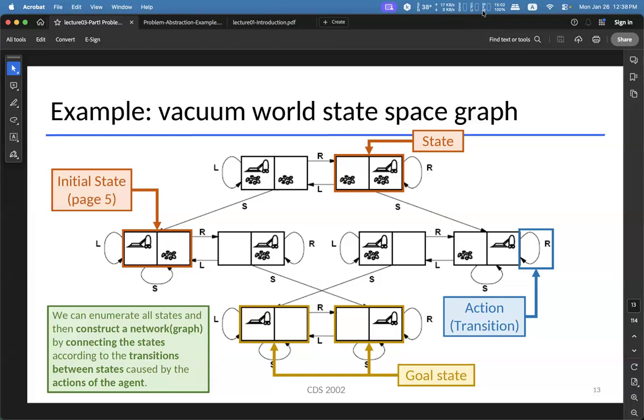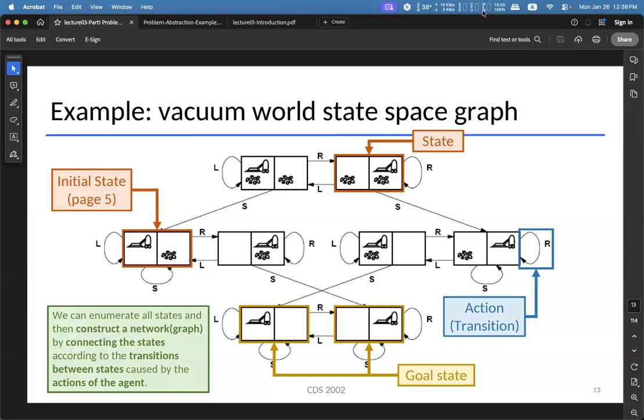In essence, in this chapter, what we are trying to do is to convert the problem that we aim to solve into a network like this, into a graph like this. Because it is now a graph, we can use sophisticated and well-established graph algorithms to solve the problem.